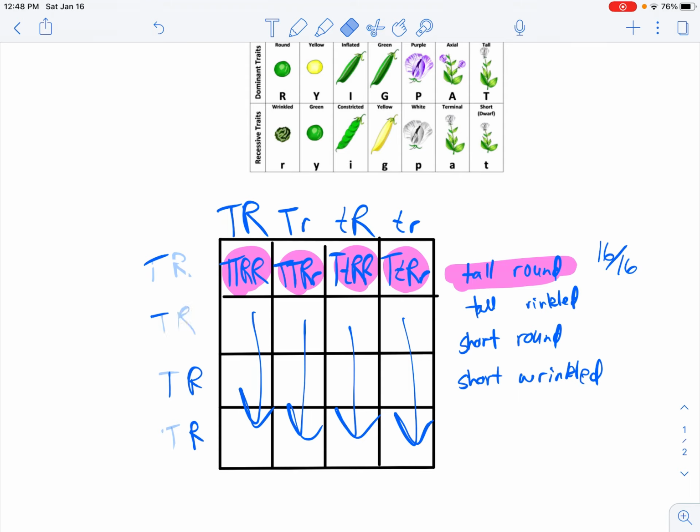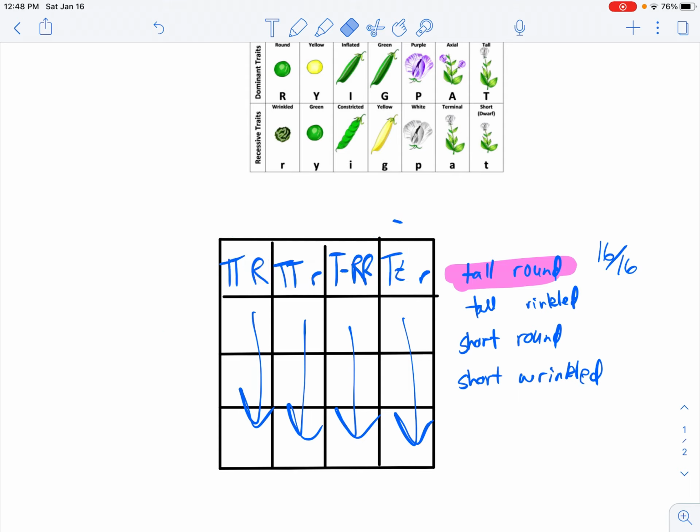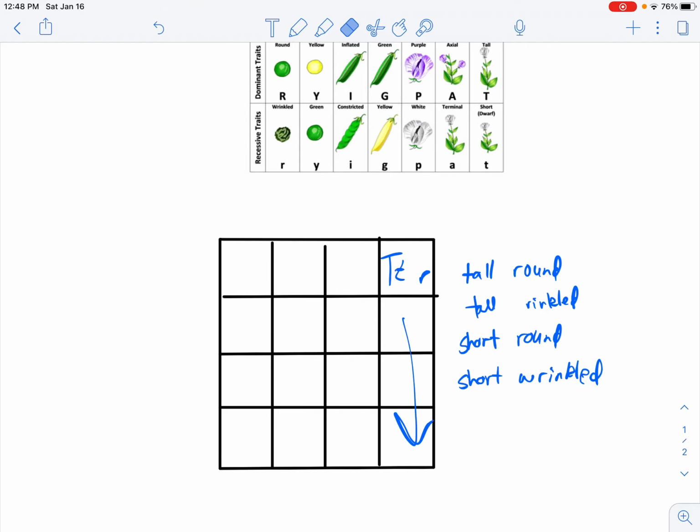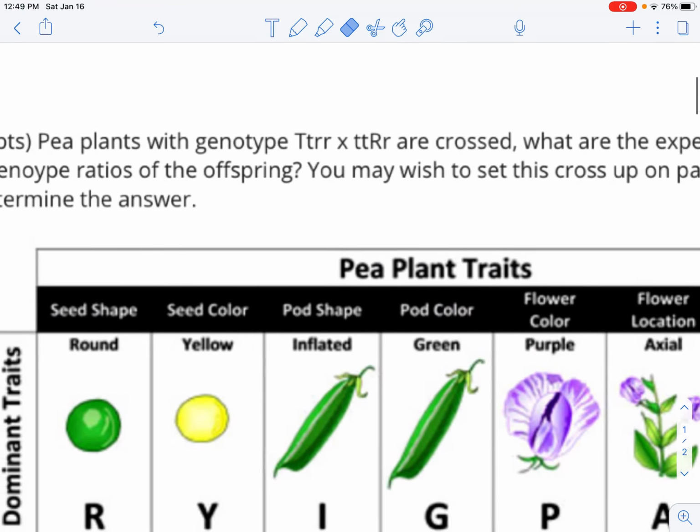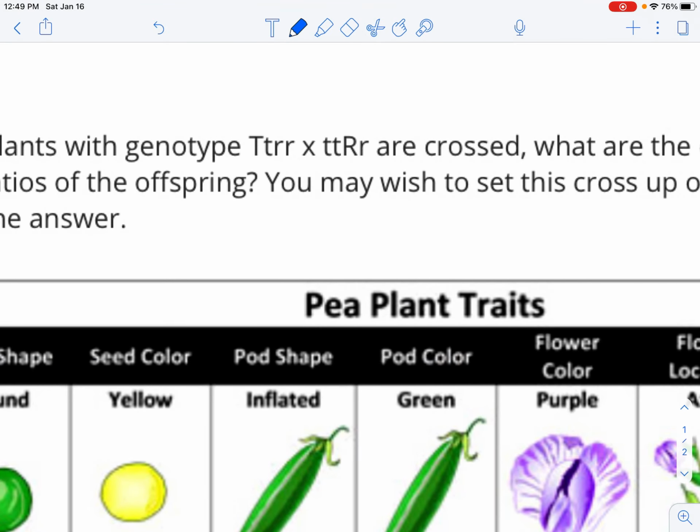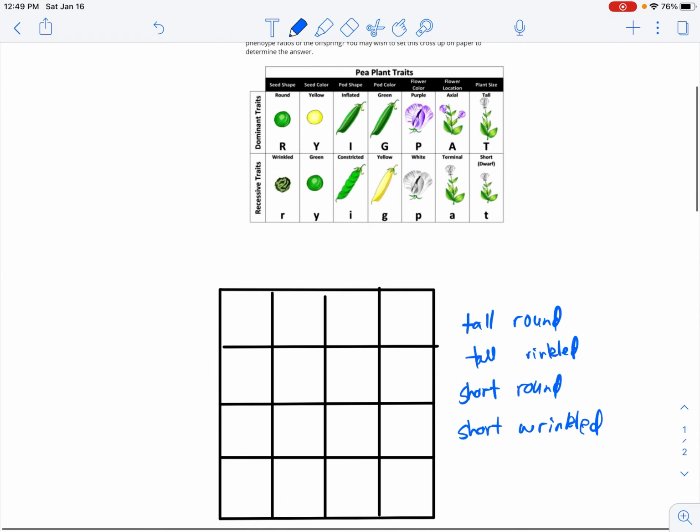Question 3. Go ahead and clear this up a little bit. Okay, question 3. Pea plants with the genotype big T, little r, little r. So we might have a big T, little r, big T, little r, little t, little r, or little t, little r.